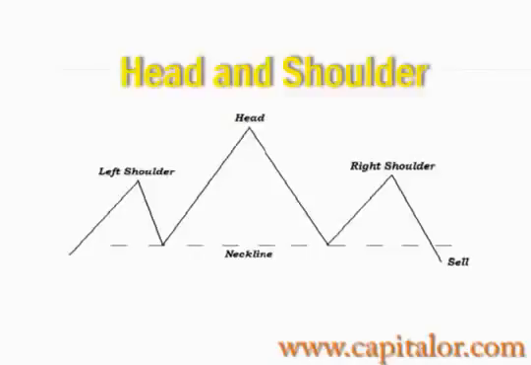Head and shoulders. This pattern usually encompasses much price action over a long period of time, and it is composed of one highest high in the middle, and beside it to the left and right lower highs. The highest high in the middle is called the head, and the lower highs at the sides are called the left shoulder and the right shoulder.